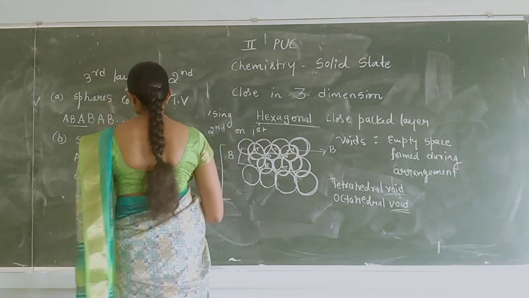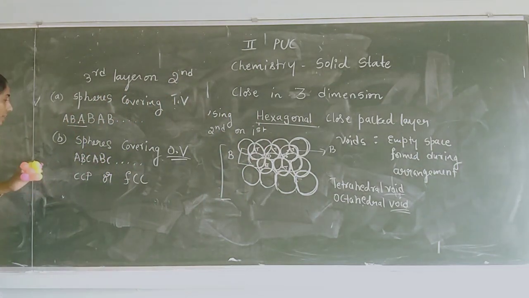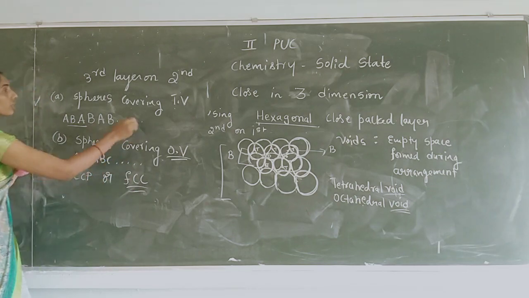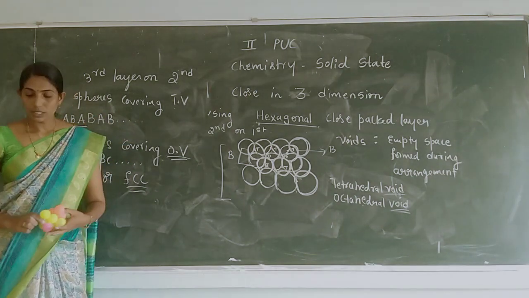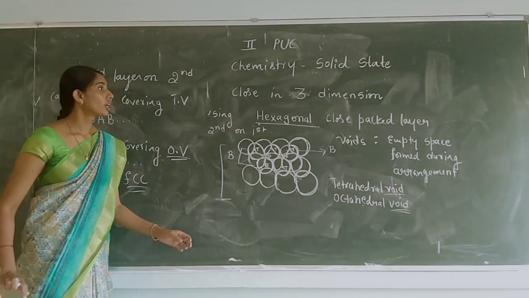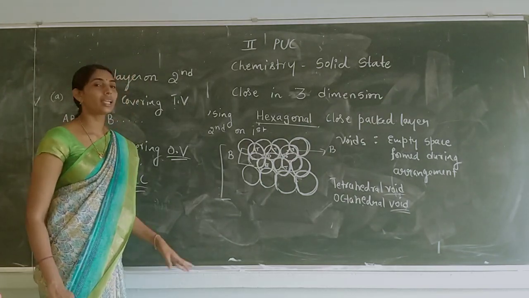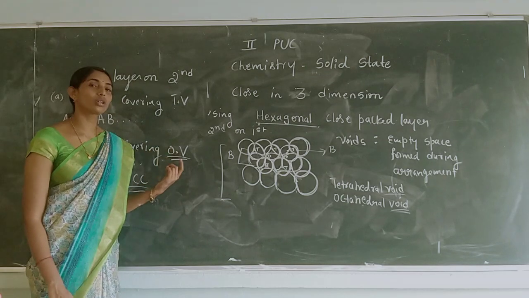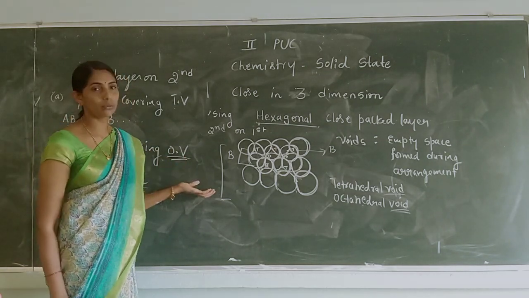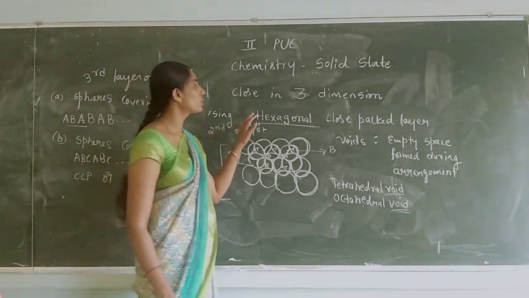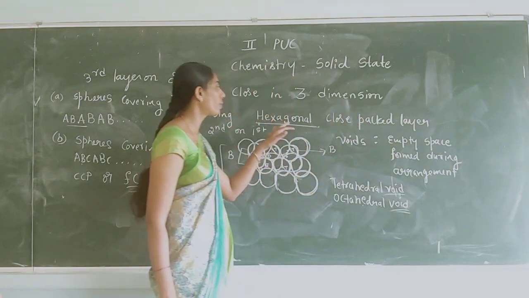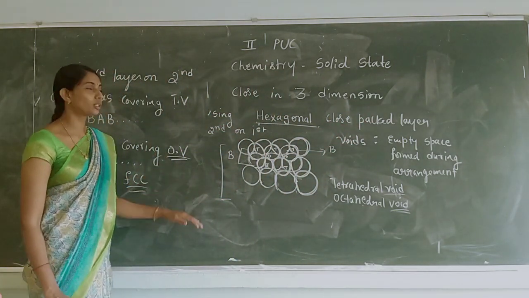Okay, remember this part. We'll glance at the topic again. 3-dimensional close packing using the square close packed layer: their AA pattern only repeats, therefore it is called a simple cube or primitive unit cell. And 3-dimensional close packing using the hexagonal close packed layer. So there are different possibilities.